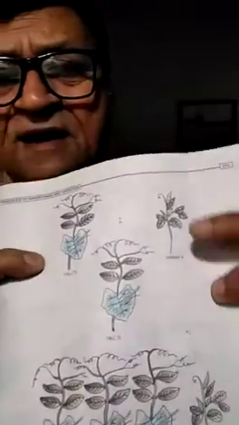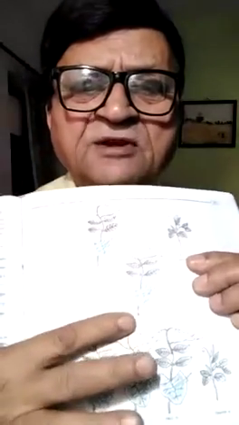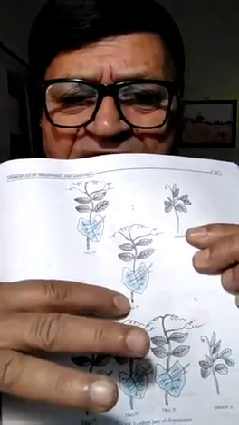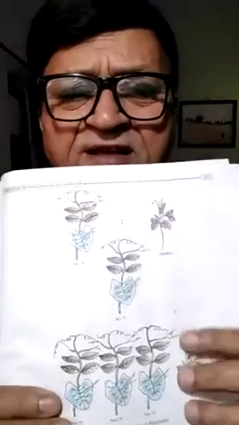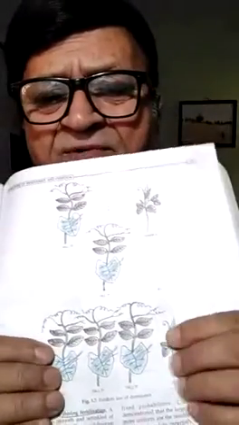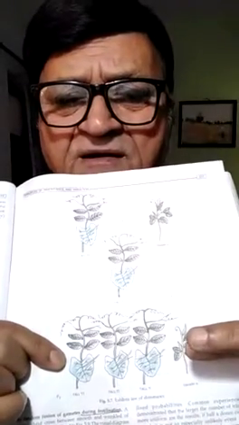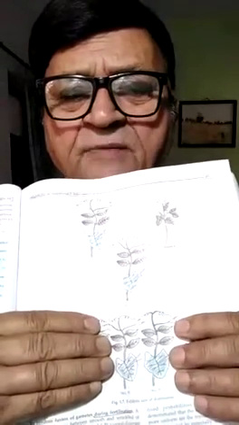So pure tall and hybrid tall. Pure tall pollen grains and hybrid tall eggs, and with the combination the resultant is hybrid tall. Hybrid tall made 4 possibilities: 3 tall and 1 dwarf. Of the 3 tall, 1 is pure tall and 2 are hybrid tall, and 1 is pure dwarf.